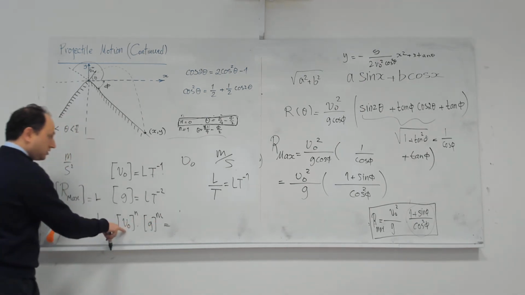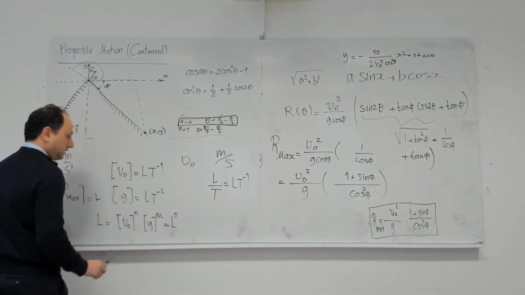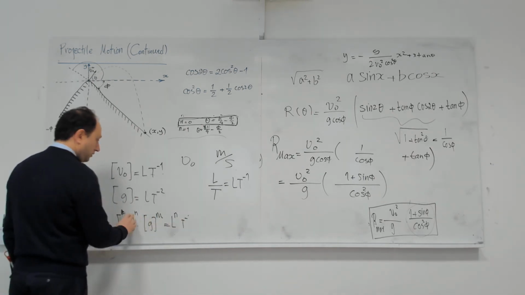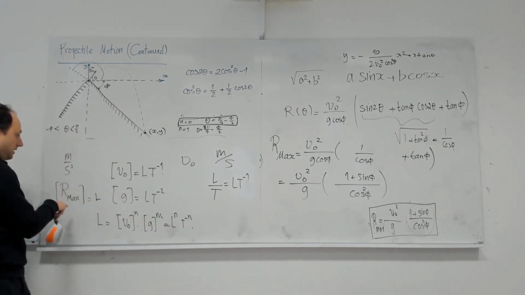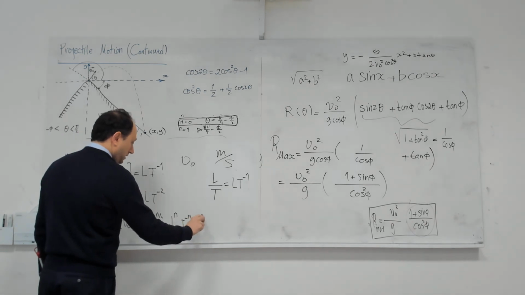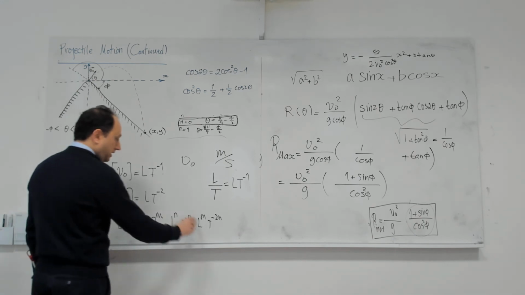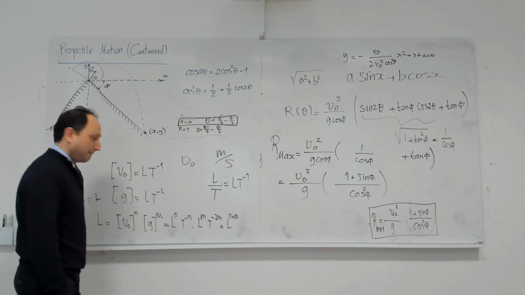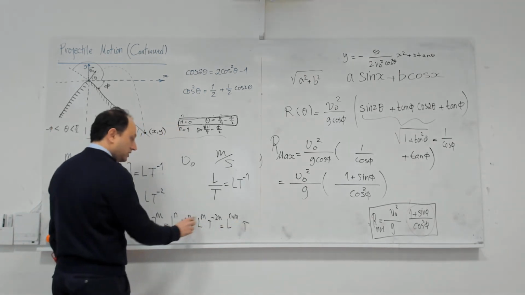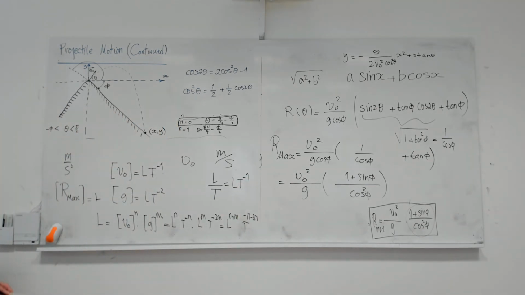The dimensions of V node raised to power n become L to the power of n, and T to the power of minus n, multiplied by G, which is L to the power of m, T to the power of minus 2m. So you get L to the power of n plus m, and then T to the power of minus n minus 2m. Agree? So this combination should be this.